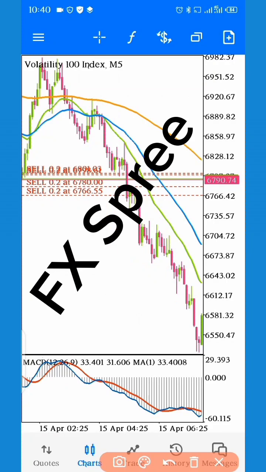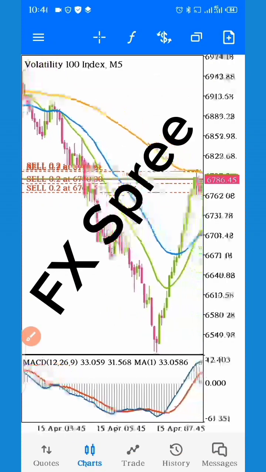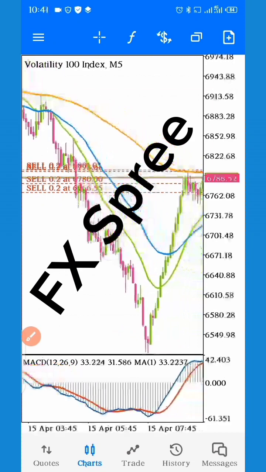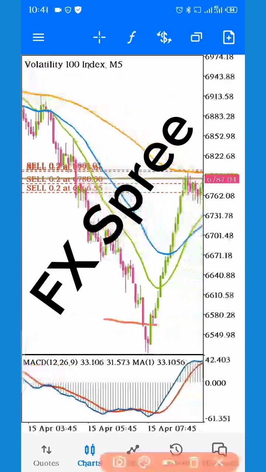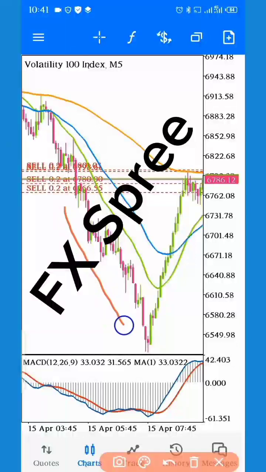And the third condition is you make sure that when the market comes down like this, you don't enter just because you see a buy. If you do and the movement changes, you may lose your money.